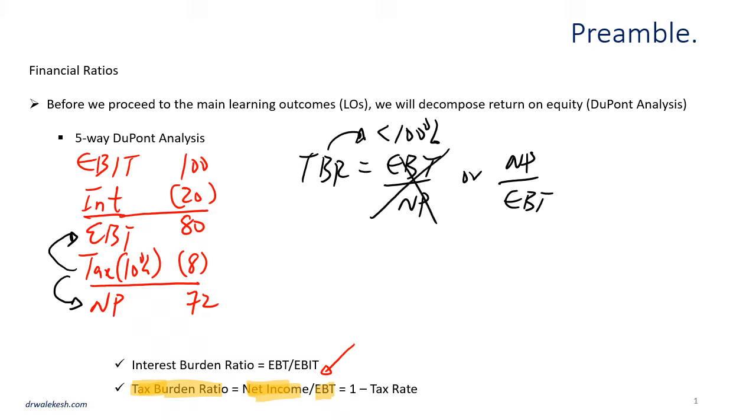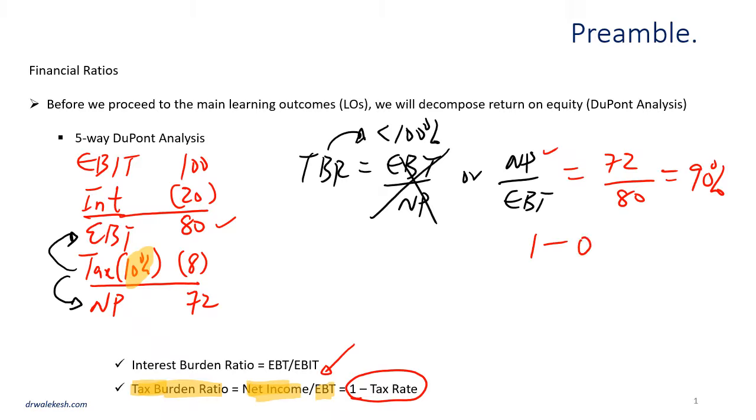It will obviously be this. So net profit here is 72. The EBT is 80. 72 divided by 80 is 90%. There is another formula for the tax burden ratio, and that's this. Tax burden ratio is 1 minus the tax rate. The tax rate here is 10%. 1 minus 10%, which is 0.1, would be 90%.